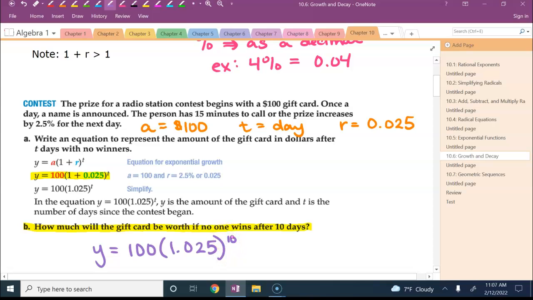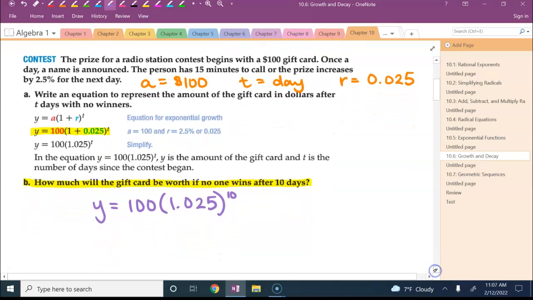At this point, you're going to have to use your calculator. I would probably do 1.025 raised to the 10th power first, and then multiply that by 100. And this is going to be worth $128 by the time that person calls in to claim the prize.